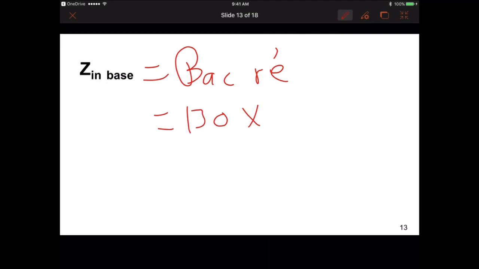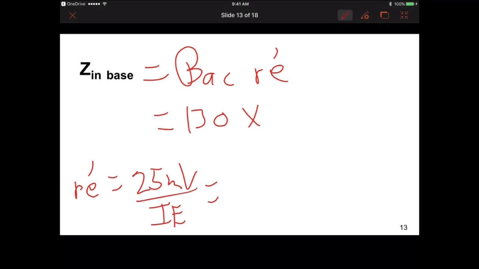R prime E is the standard formula, 25 millivolts divided by IE, so 0.025 divided by 3.41 milliamps equals 7.33 ohms.